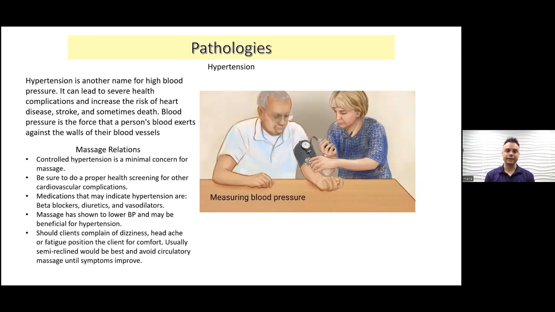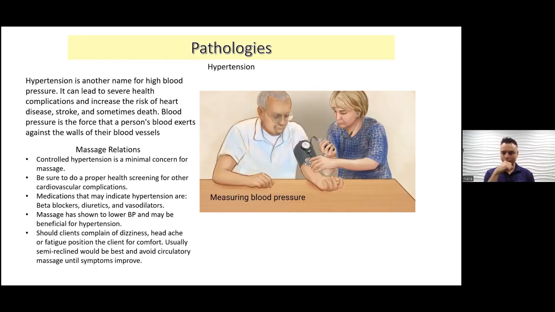One is that if someone has high blood pressure, they have a tendency to have other problems, right? They are at a higher risk of other cardiovascular diseases. They're also at a higher risk of stroke and death. As a matter of fact, about 20% of all strokes are caused by hypertension.